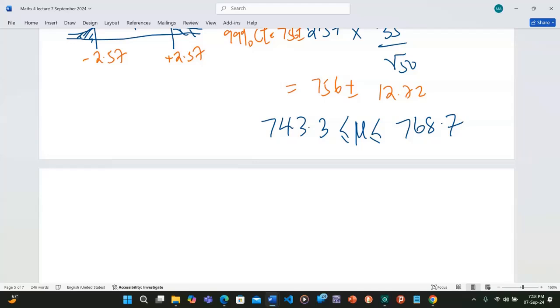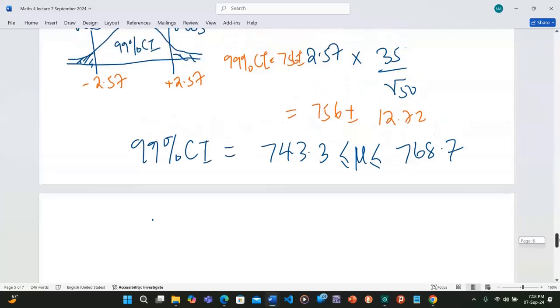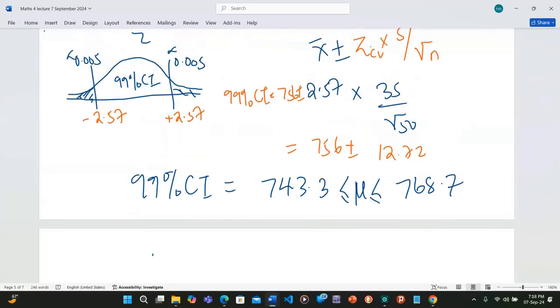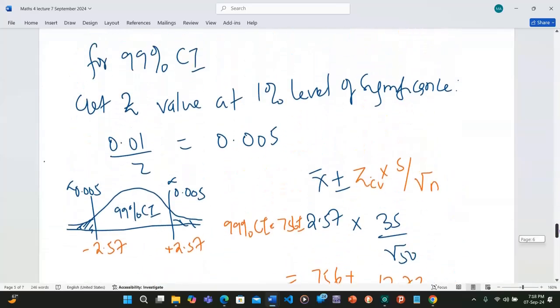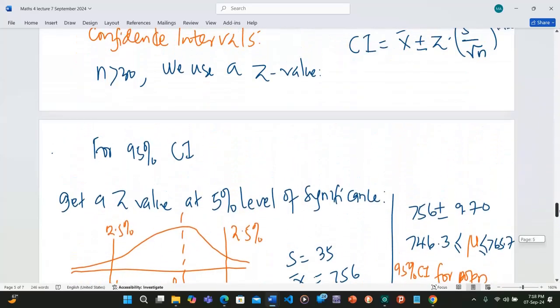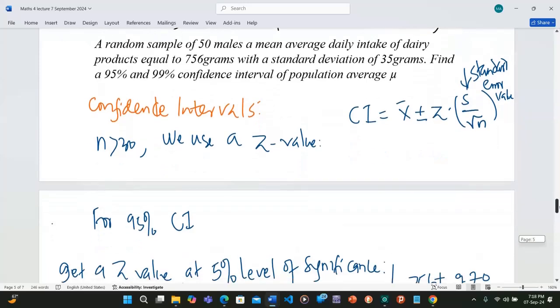So the 99% confidence interval for the mean of the population is going to be between 743.3 inclusive and 768.7 inclusive. So that is the range within which the population mean is going to be.